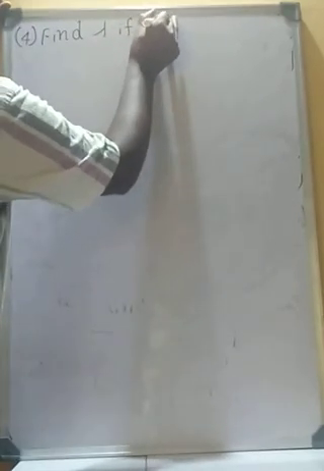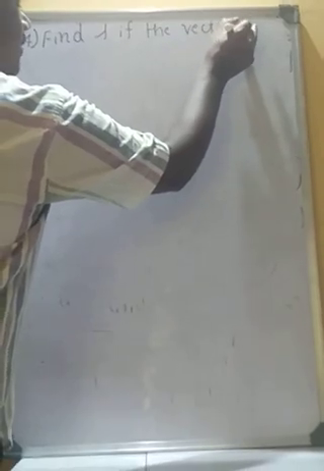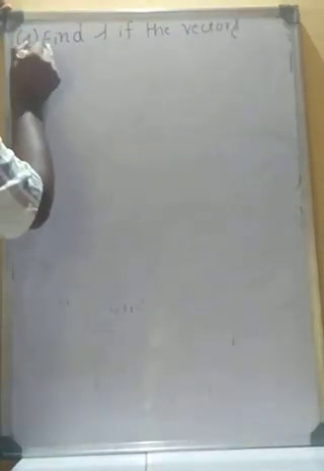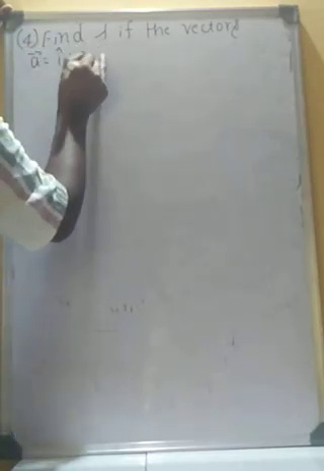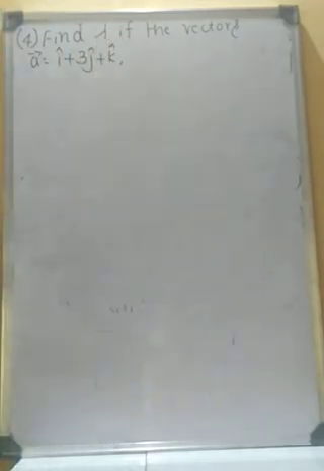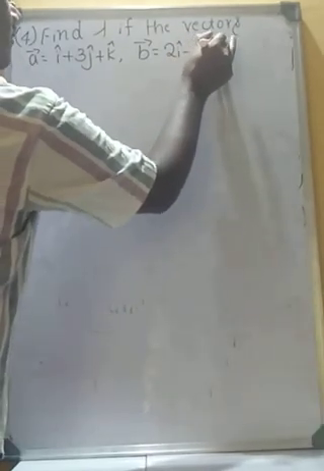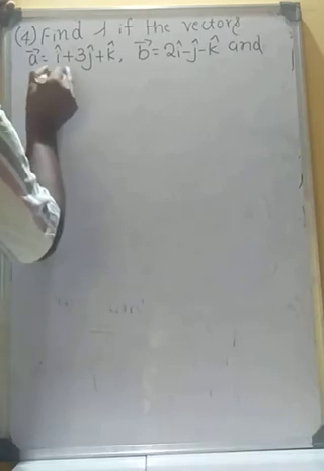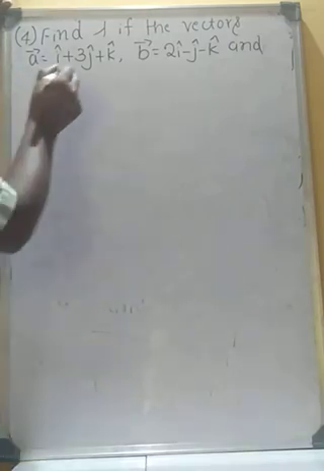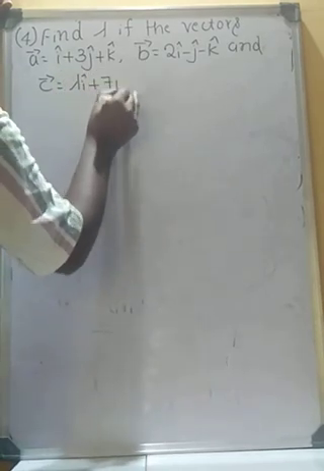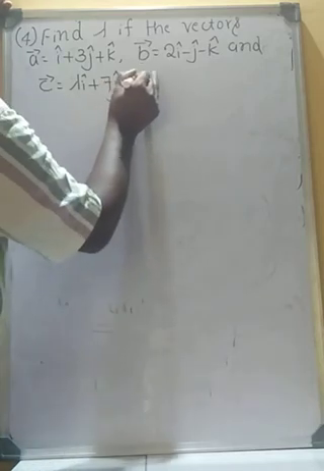Right, next example, example 4. Find lambda if the vectors A = i + 3j + k, B = 2i - j - k, and C = lambda i + 7j + 3k are coplanar.